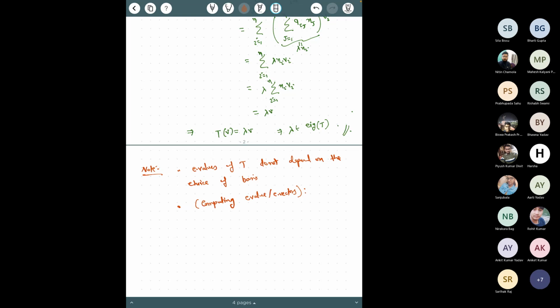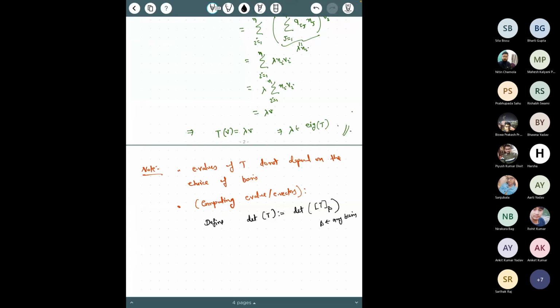It doesn't depend on the basis. So let me define this. We define the determinant of T as the determinant of the matrix of T with respect to B, where B is any basis.